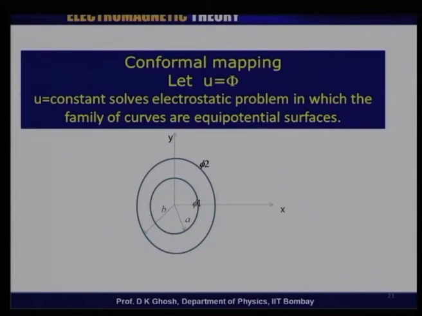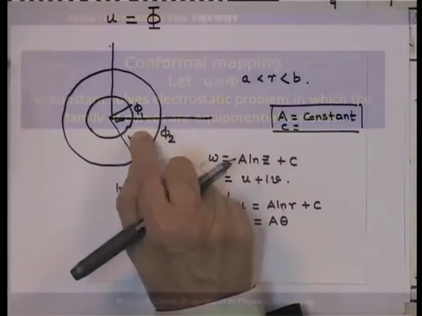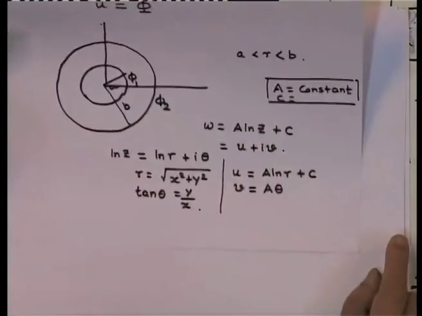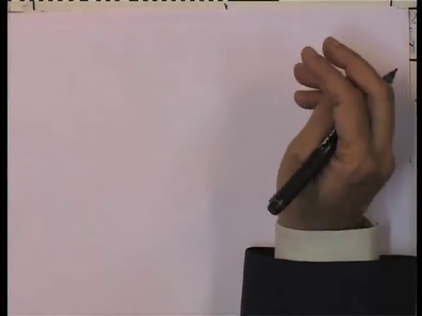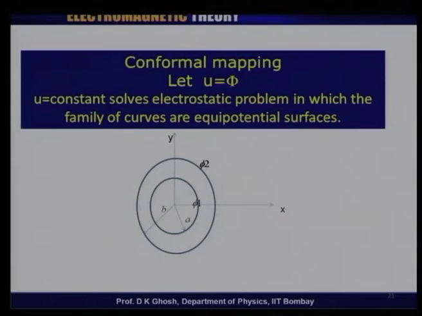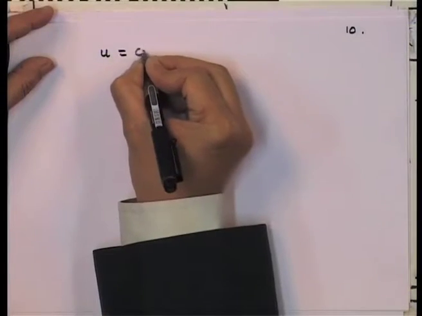So, what we are interested in now is to find out what happens to the potential in the region between. Now, look at this. Let me take u is equal to phi.